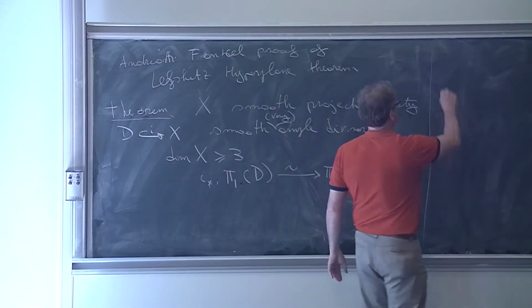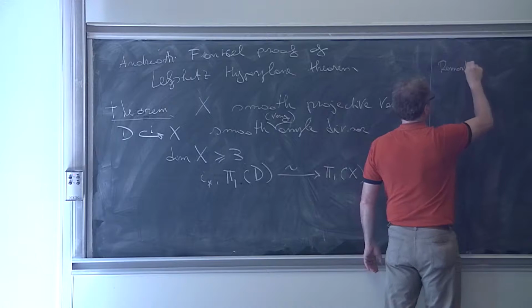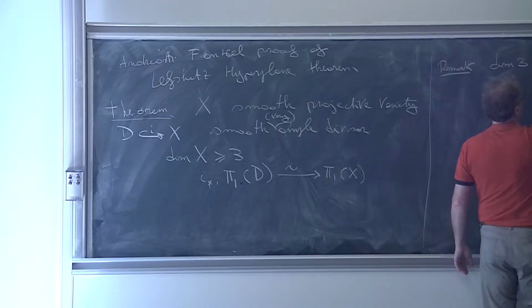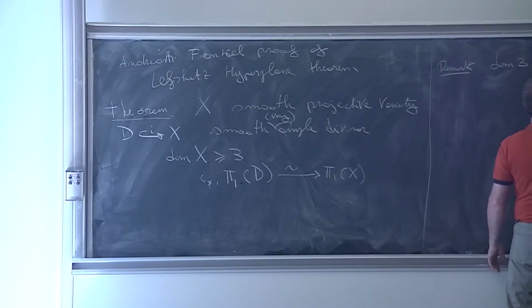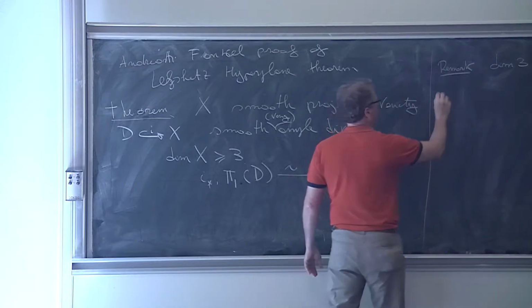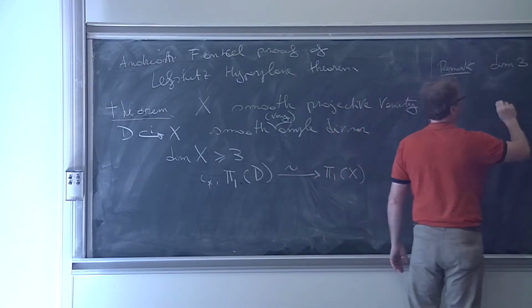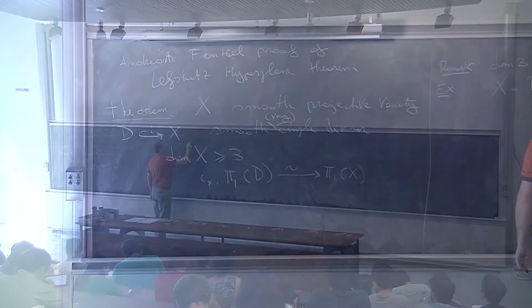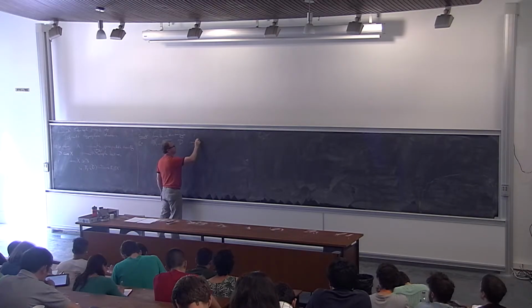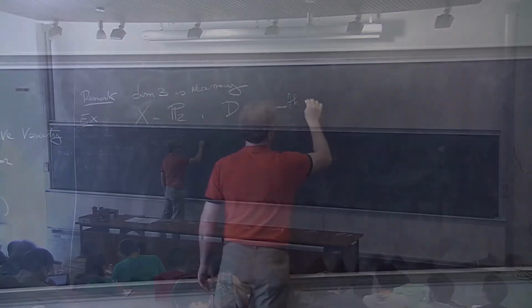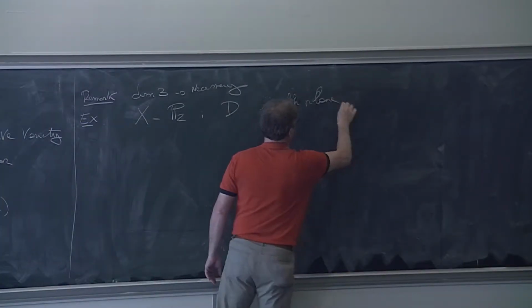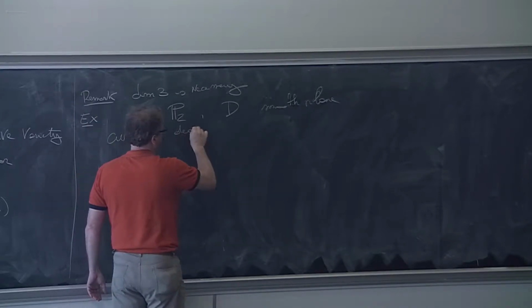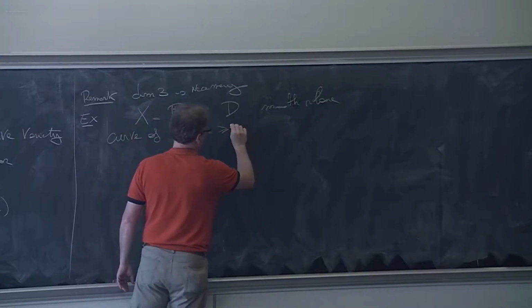Just a remark: dimension 3 is necessary. Example: you take X equal to P2 and D a smooth plane curve of degree at least 3.